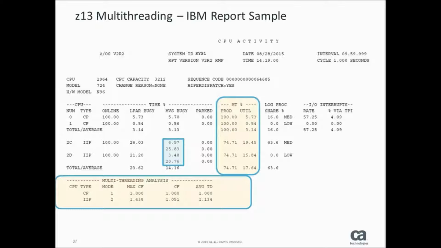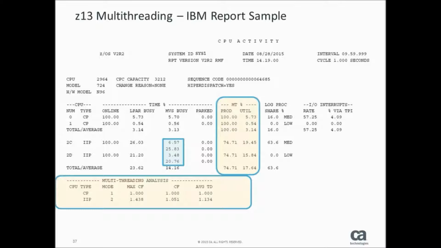And this average thread density is the average number of threads that were active at any time during core busy time. So on average, you had 1.1 threads active. You did not really get very close to this maximum CF. Over here, if you look at the single-threaded, you'll see this 5.73. It exactly matches the LPAR busy time.